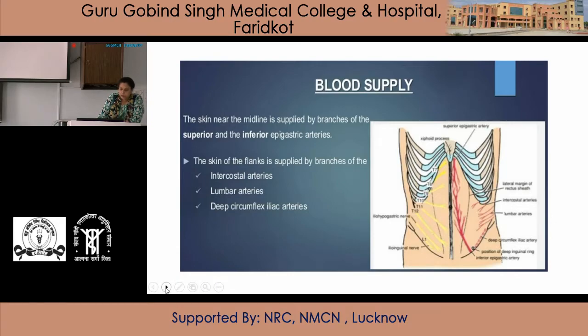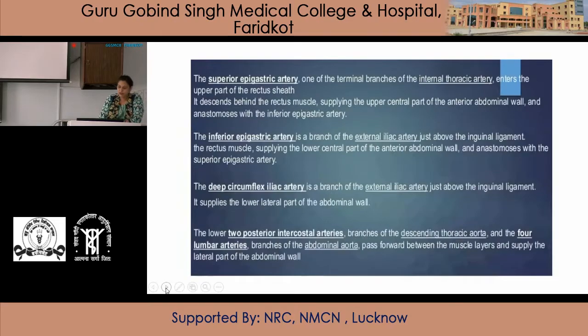The superior epigastric artery is one of the terminal branches of the internal thoracic artery and enters the upper part of the rectus sheath. It descends behind the rectus muscle, supplying the upper central part of the anterior abdominal wall.